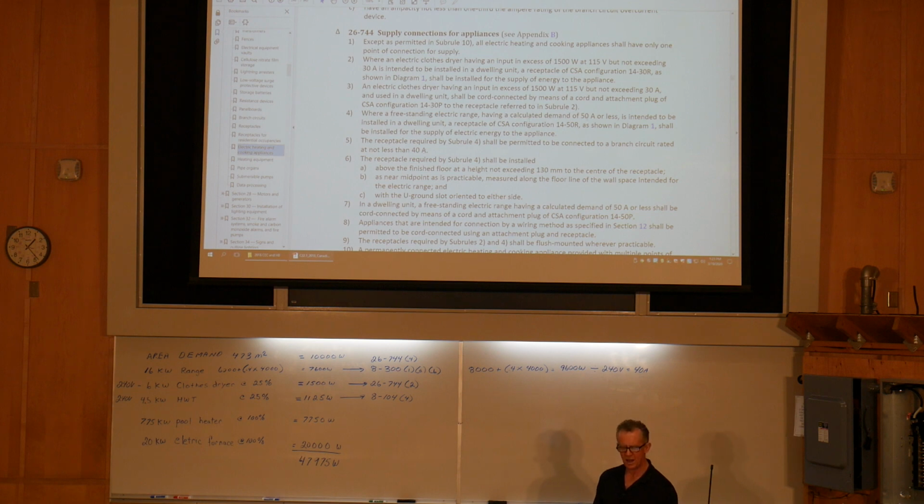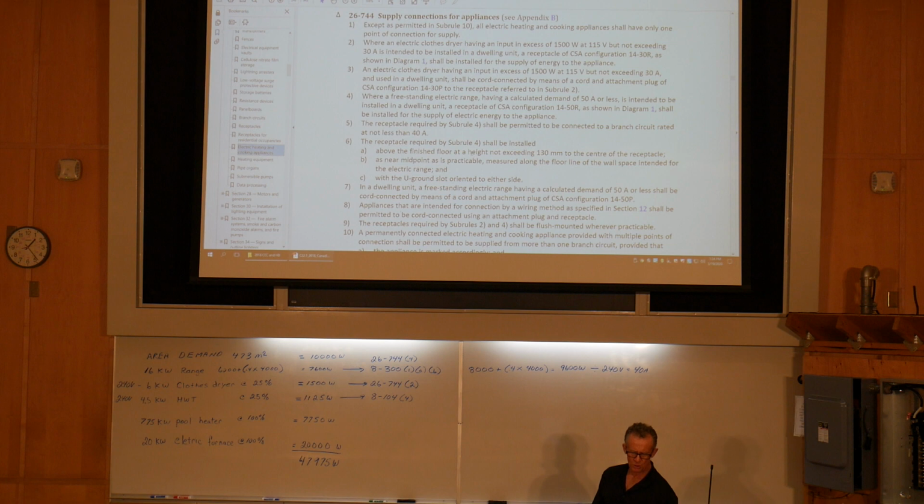So even though you need a 50 amp rated receptacle, they will allow you to use a 40 amp circuit breaker on it. That is the minimum requirement. All right? It's one of the unique spots in the code where you actually can put a breaker in smaller than the rating of a receptacle. Then subrule 6 talks about the installation of the receptacle, the height, and the orientation of it.